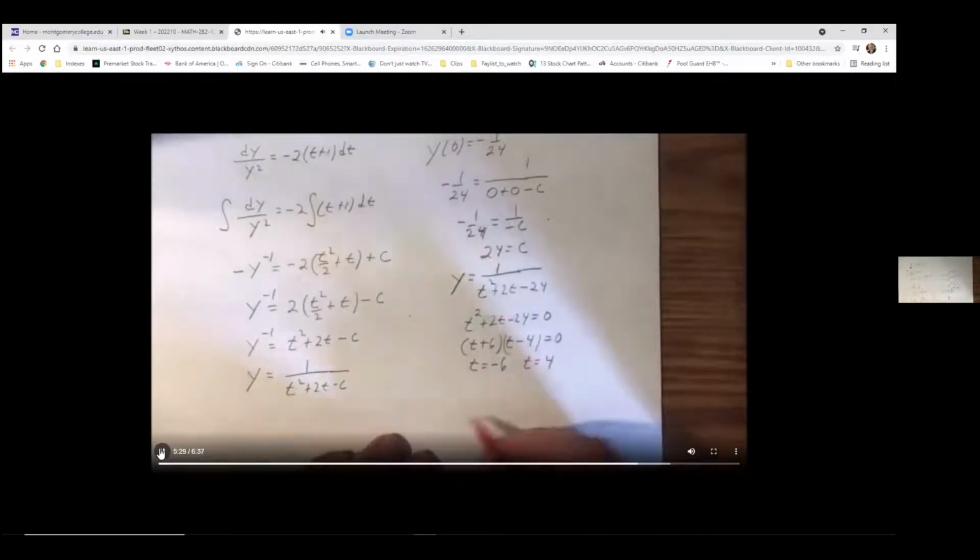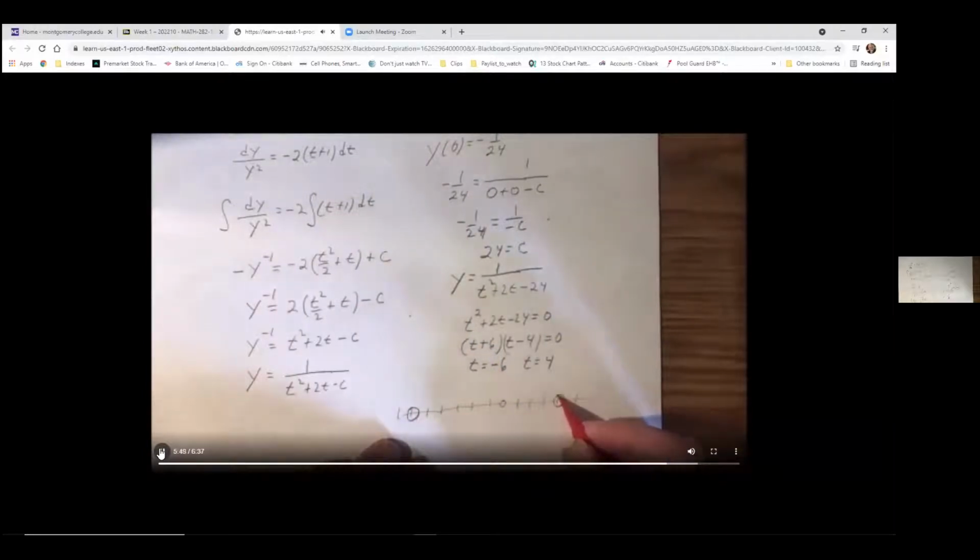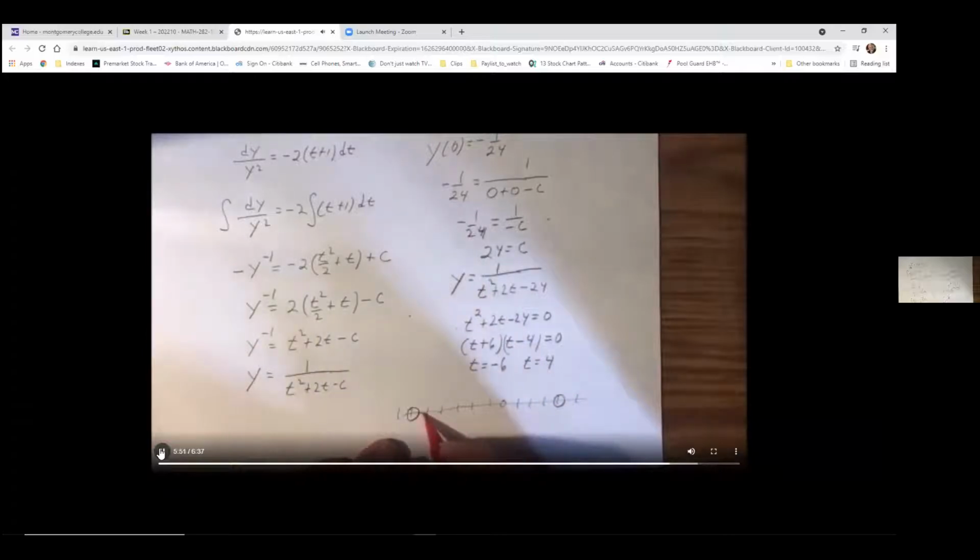So the valid interval for this differential equation is going to be, let me actually draw a number line. Let's draw a little number line here. 1, 2, 3, 4, 5, 6, 7. So minus 6 is here, and 4 is here. So this is my valid interval.